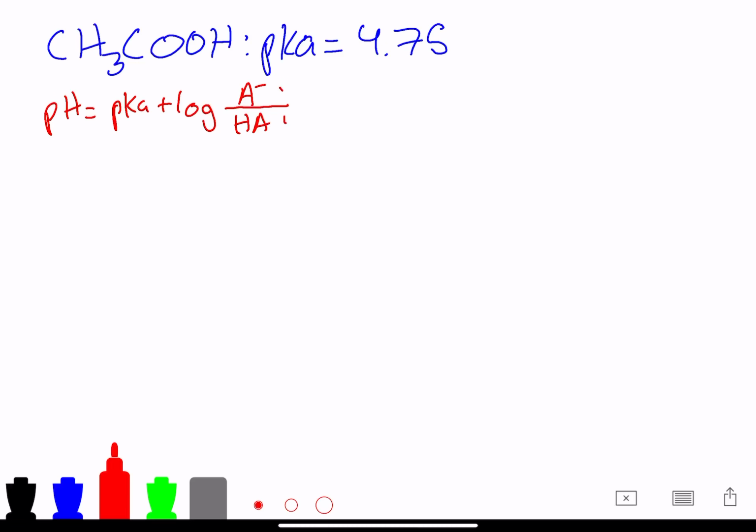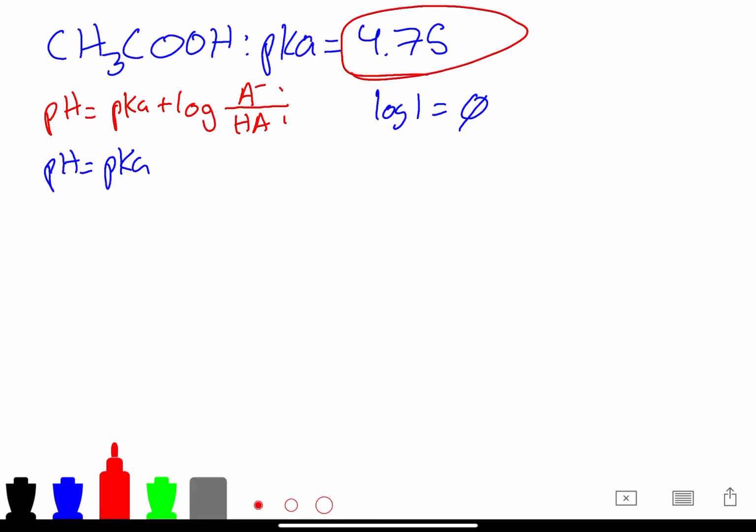A number divided by itself is 1, so this ratio is going to be 1. If you take the log of 1 on your calculator, you will find that the log of 1 is equal to 0. So the pH is equal to the pKa plus 0, which means in this particular case, the pH is equal to the pKa. So the pH of this solution would be 4.75.